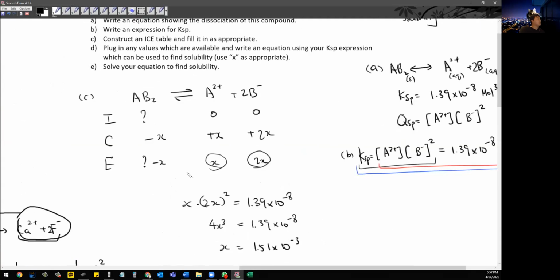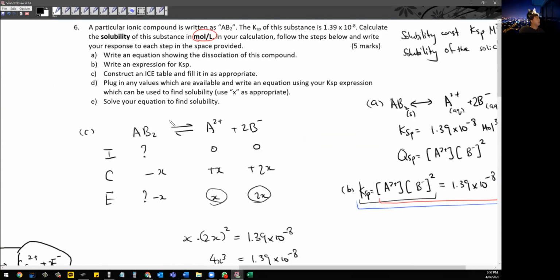Now, when they are talking about the solubility, let me do that in green color. The solubility of this salt in moles per liter, they're talking about this value here. How much dissolves.